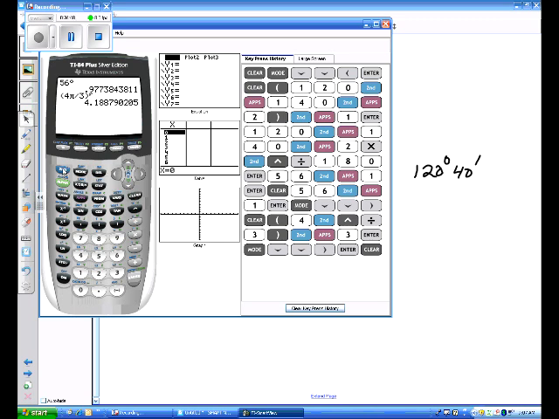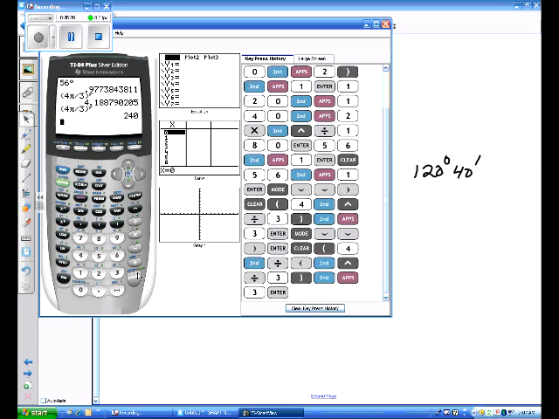So let's go back and we'll do our parentheses 4 pi divided by 3. Then we need to tell it that that's radians. And we get 240. You can see it's actually easier just to use the formula.